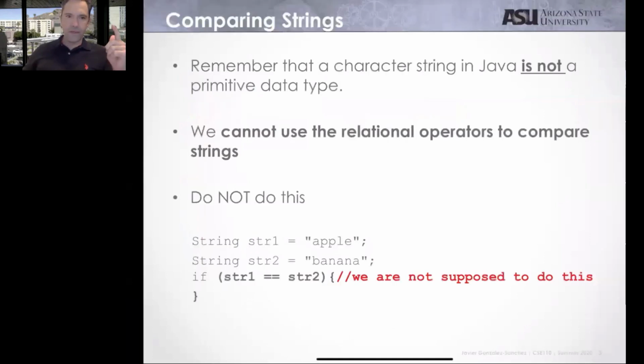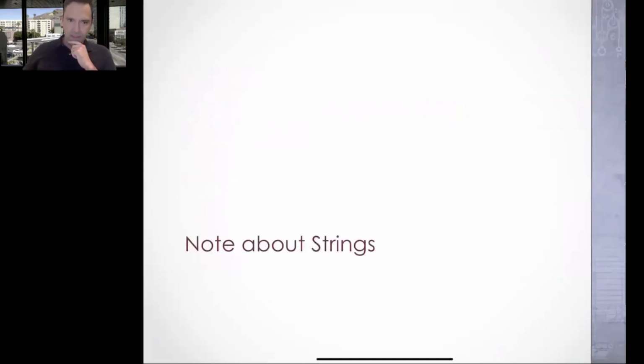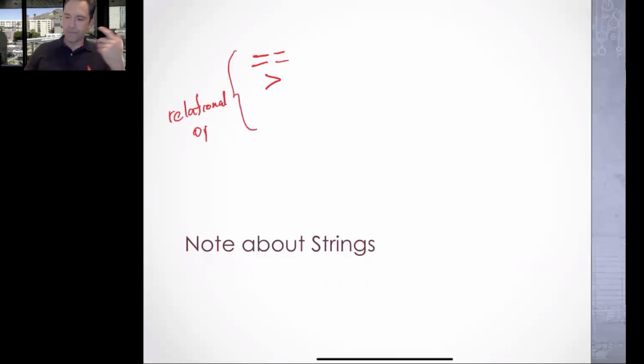So first, talking about the strings. One thing that I need you to know for the exam and to remember. There are two operators that maybe you will need during the exam. Obviously, this applies for all the relational operators.